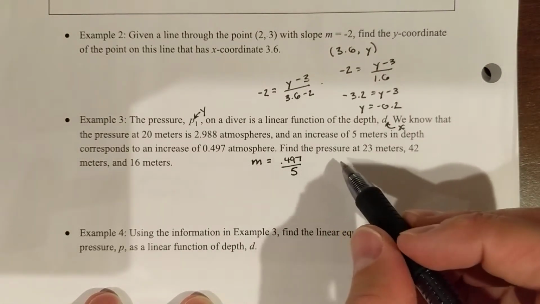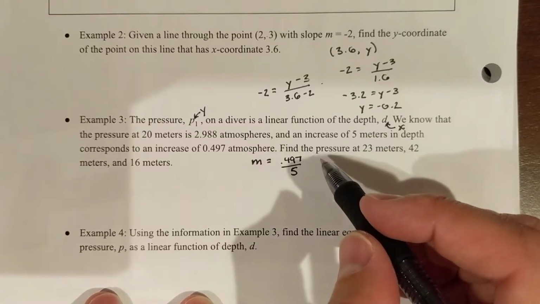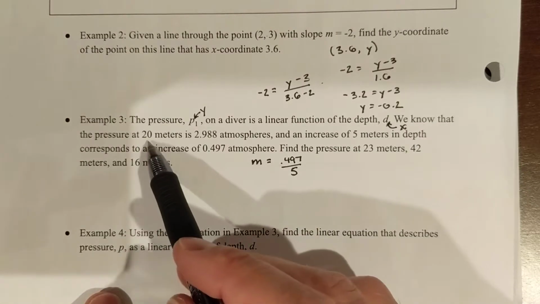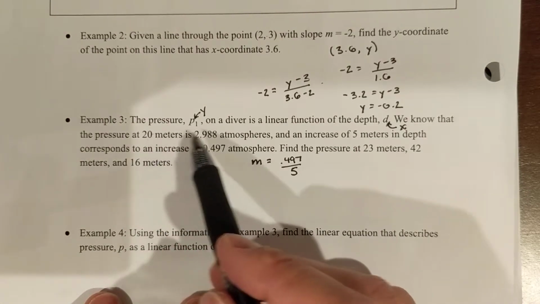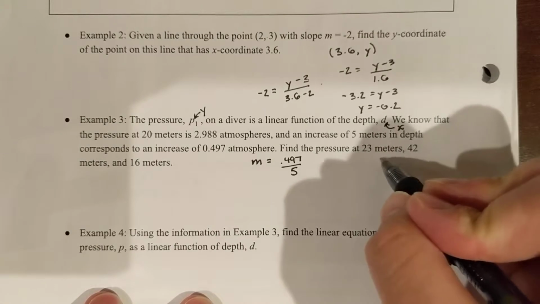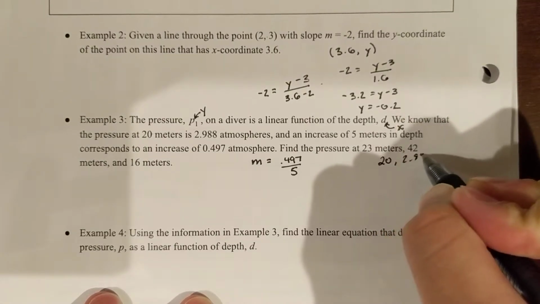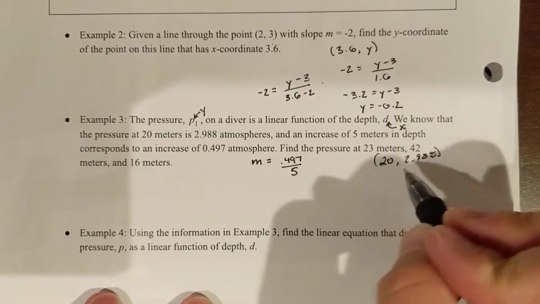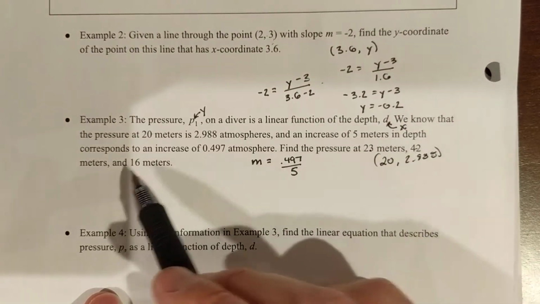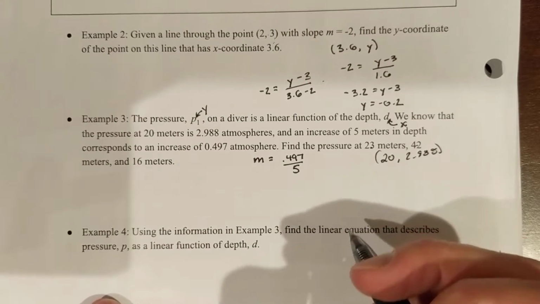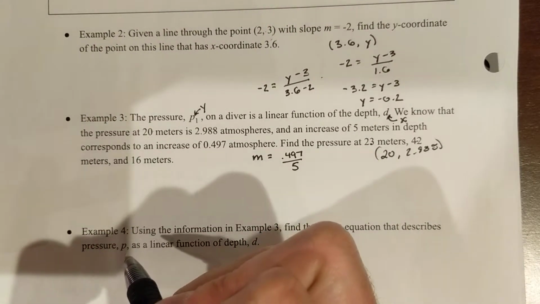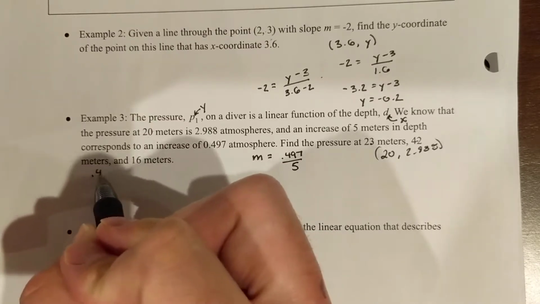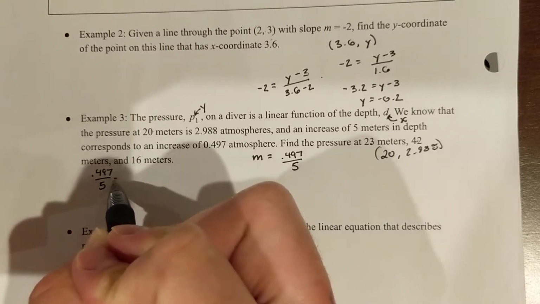So it says find the pressure at 23 meters, 42, and 16. Here, this actually is a coordinate 20 comma 2.988, so kind of like they gave us a point up here. We can use that to find these ones, which are random x values, to find their corresponding y values. So let's see if I can fit this in here without casting too many shadows. So the slope, 0.497 over 5.